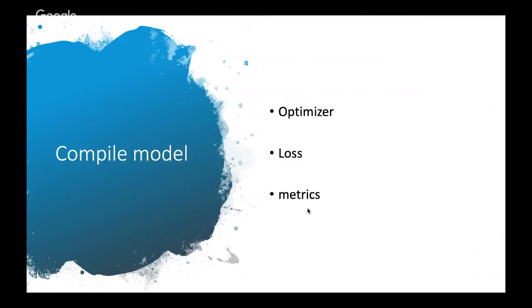Even is not good because that means the model cannot make a decision. If it's all 0 or 1, that means it's good. We want to reduce the entropy to that. And metrics is something to monitor the behavior of the model. That can be shown at the time we train the model.